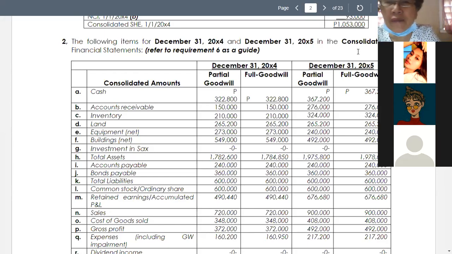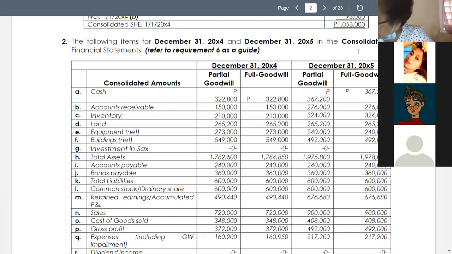However, we have a corresponding credit of 6,000 because of charging the inventory to cost of sales. Now, you will find all of this that I'm talking about in the next requirements when we have the elimination entries and the consolidated working papers. So just take note that inventory, you got adjustment.